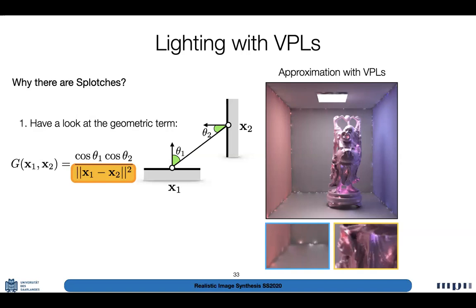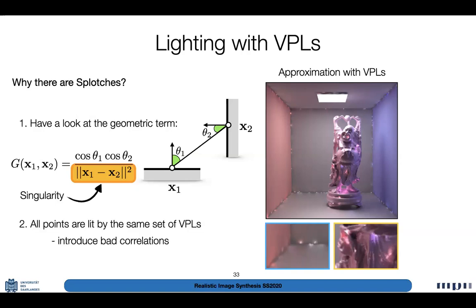So all the VPLs which are really close to any other surface, especially near the corners or the places where the walls are meeting, the distance is too small, so the VPLs will become highly illuminated there. So that's the reason for the splotches. And this also causes a singularity.